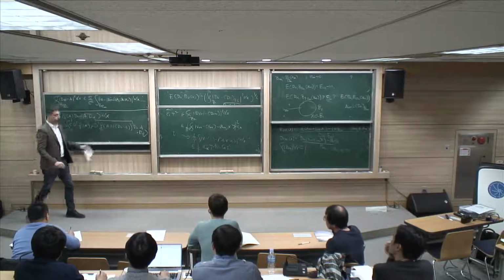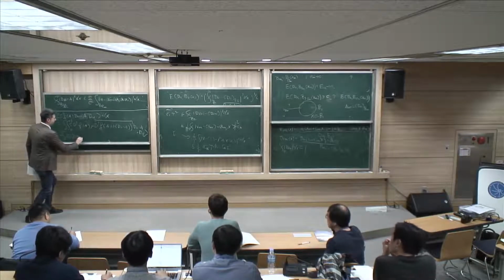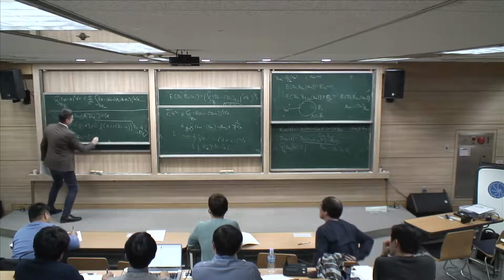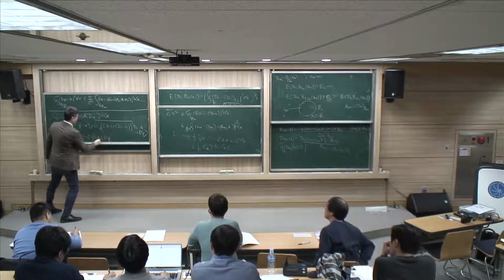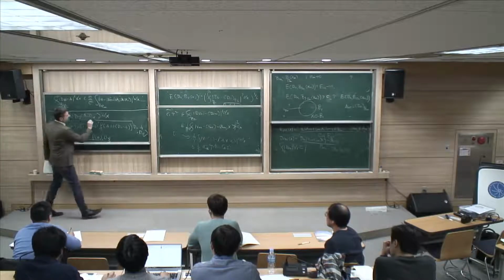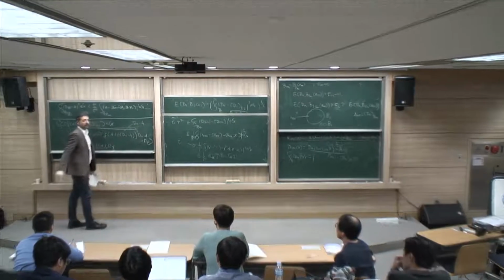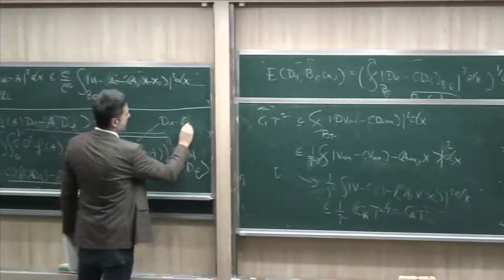How do you do this? You write down the Euler-Lagrange equation, which is this one, and then you linearize this. Now, the difference between this guy and this guy is something that can be measured with this difference, which is nothing but the average.